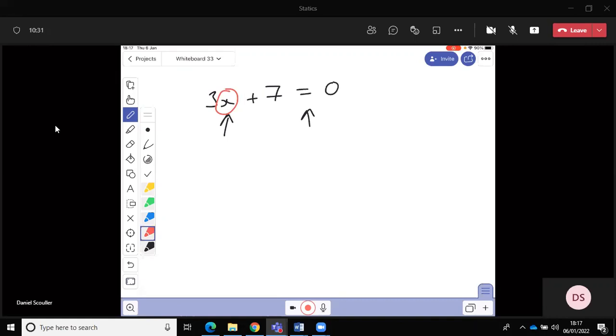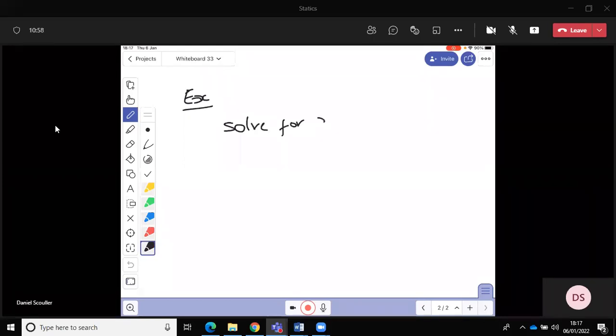That's meant to say example. Equations like this, where we're trying to solve, or rearrange, or put into a format that allows us to find a variable.